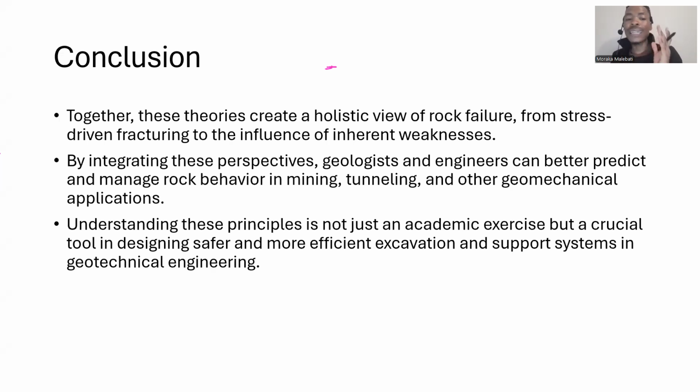By integrating these perspectives, geologists and engineers can better predict and manage rock behavior in mining, tunneling, and other mechanical applications. So understanding this principle is not just an academic exercise, good people, but also a crucial tool in designing safer and more efficient excavation and support systems in geotechnical engineering.